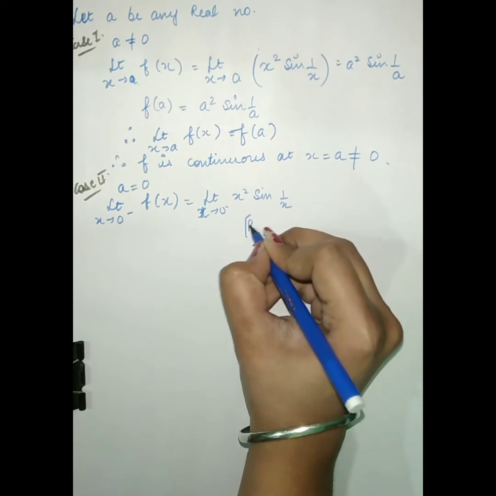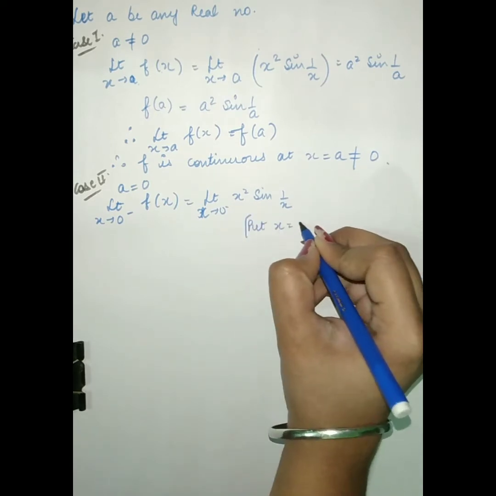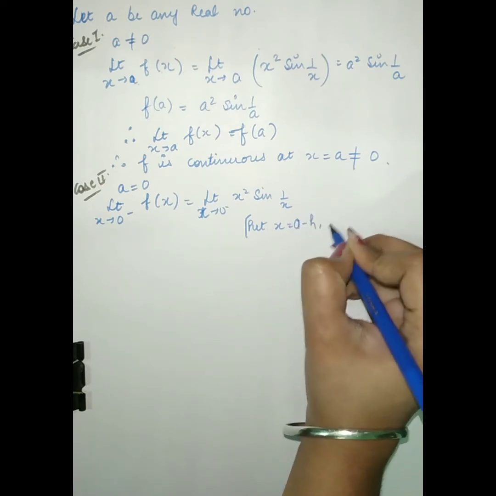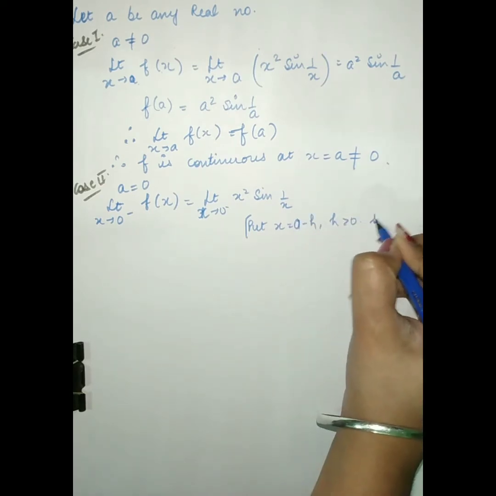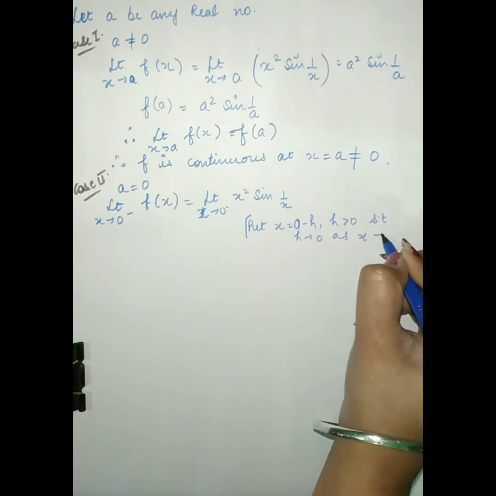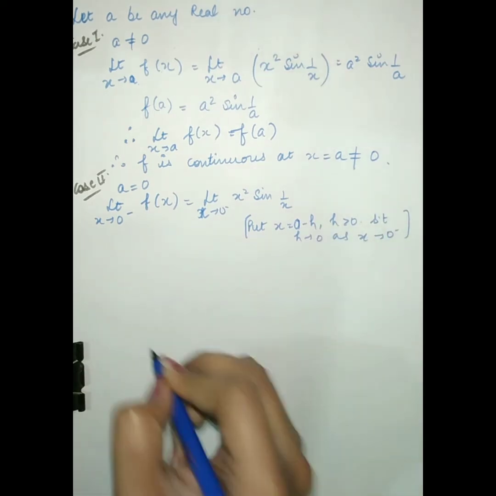Here we put x equal to 0 minus h, where h is greater than 0, so that h approaches 0 as x approaches 0 negative. This is the left handed limit.